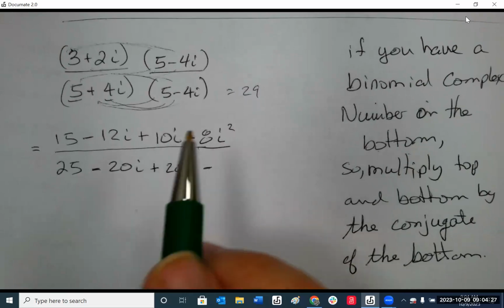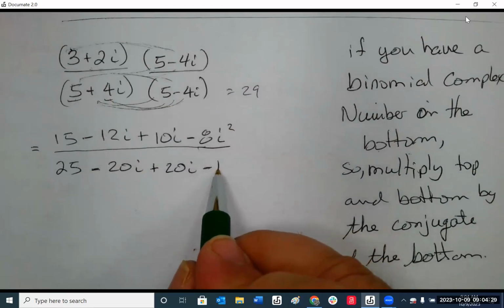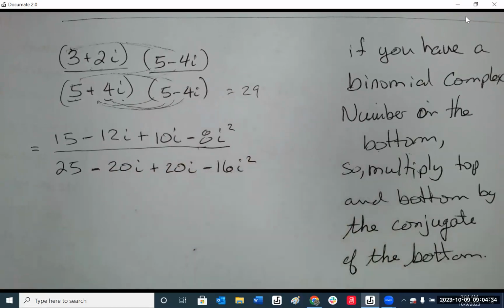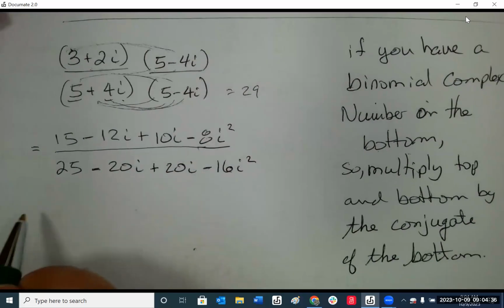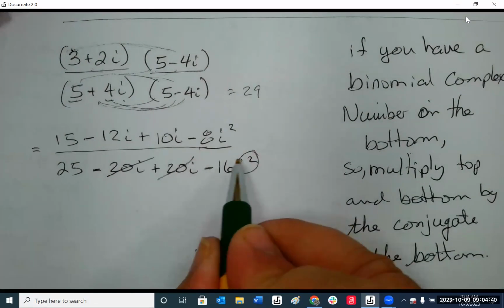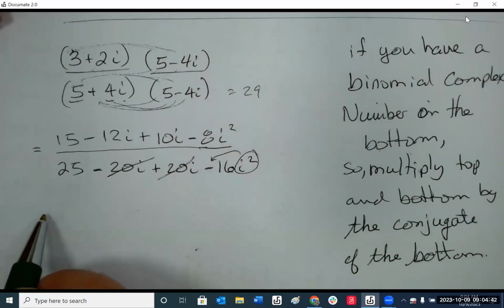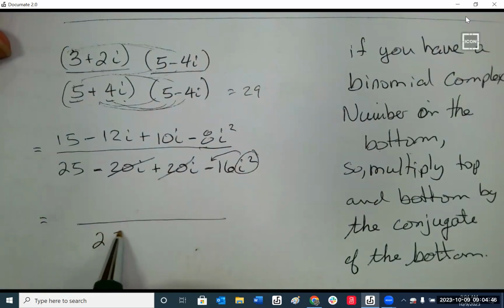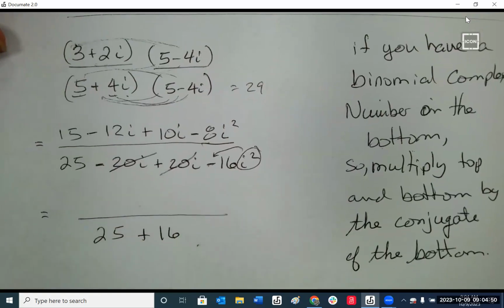Positive times negative is negative. 4 times 4 is 16. i times i is i squared. So these numbers cancel. This number changes that. So on the bottom, we have 25 plus 16. Oop, it's 41.